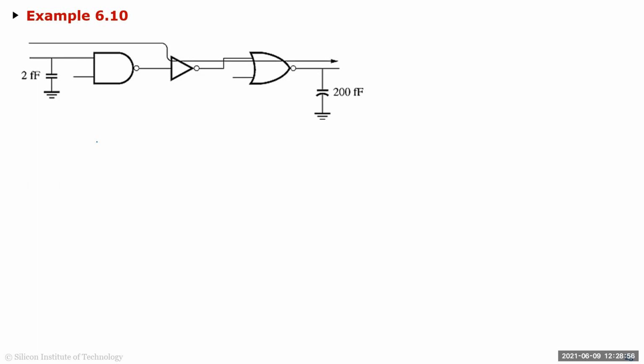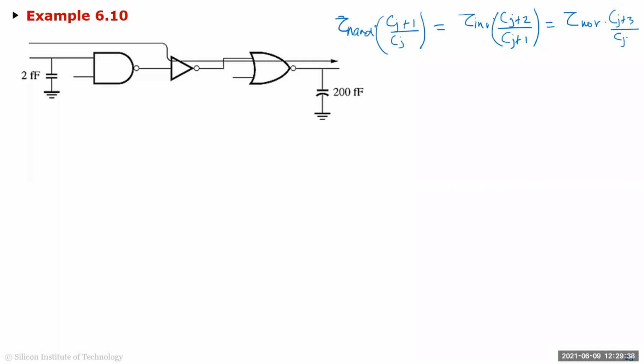Now, from what we derived last time, just ignore the parasitic for now. That means I want tau NAND times Cj plus 1 over Cj equal to tau inverter times Cj plus 2 over Cj plus 1, which should be equal to tau NOR times Cj plus 3 over Cj plus 2.